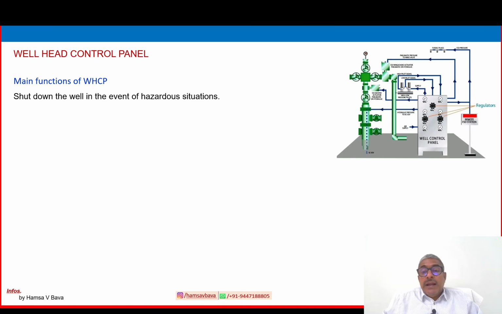If any of these ESD systems is activated, the ESD logic is activated, then the well will be closed, shut down in the event of a hazardous situation. It also controls the critical safety parameters, monitoring the entire well and wellhead system.